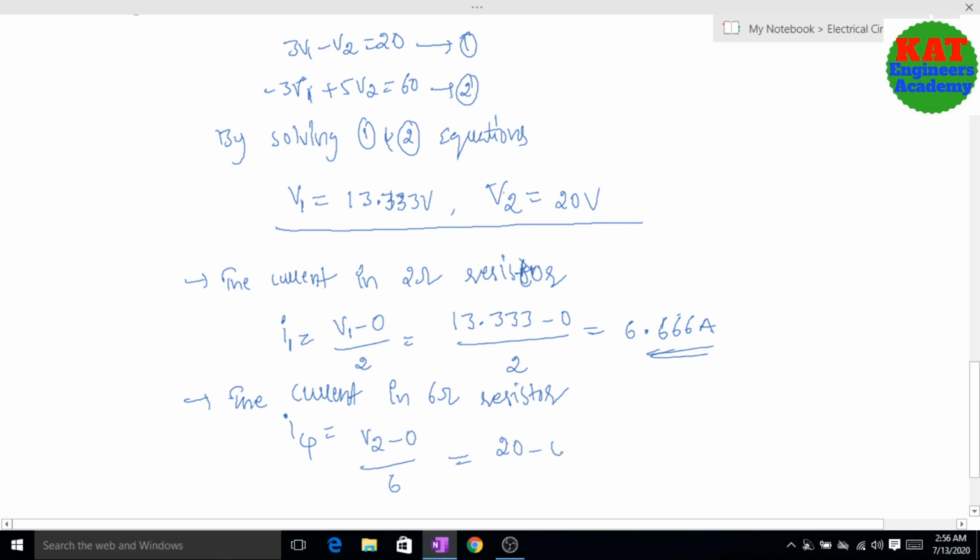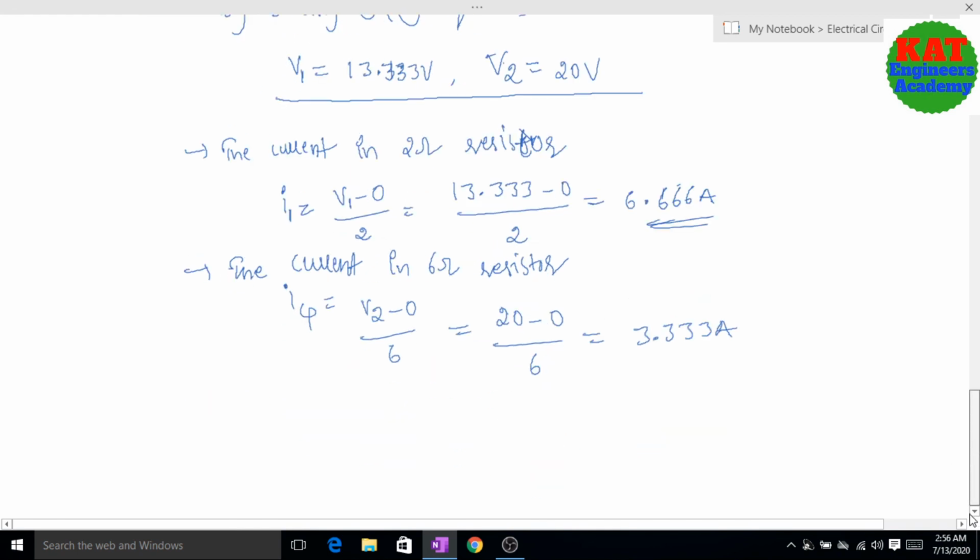So 20 minus 0 by 6, and finally we obtain the answer 3.33 amps. Okay, so finally we obtain I1 and I4. Okay friends, using this procedure we have to solve the problems by using nodal analysis.